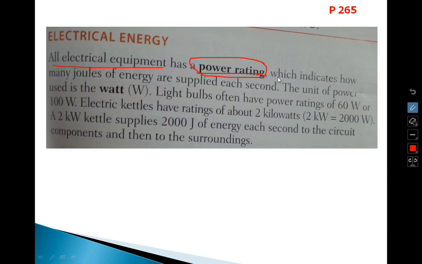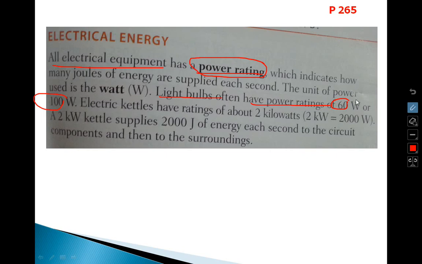Power rating indicates how many joules of energy are supplied each second. If we have, for example, a normal lamp or light bulb, it often has a power rating of usually 60 watt, 100 watt, 200 watt.